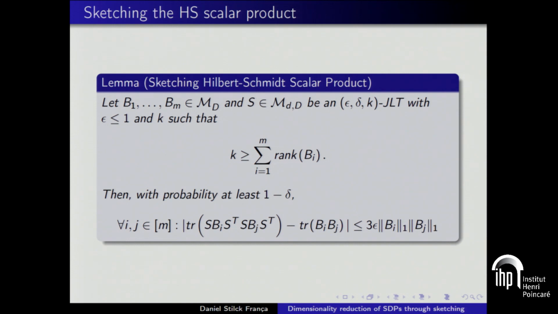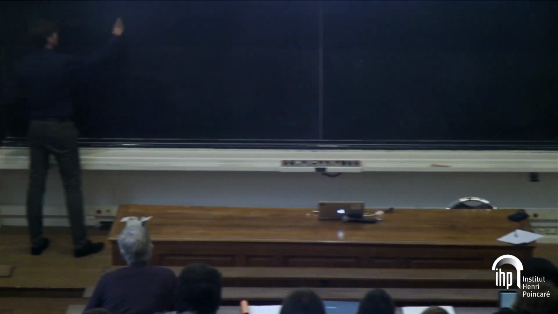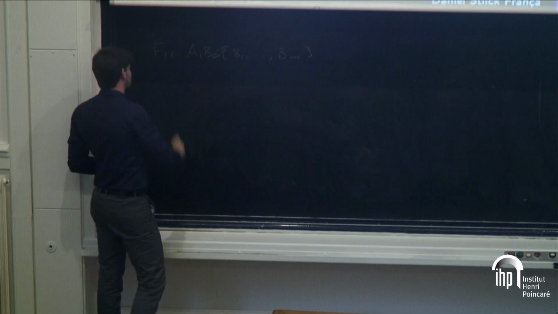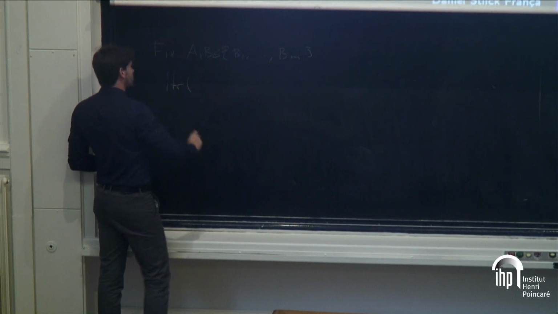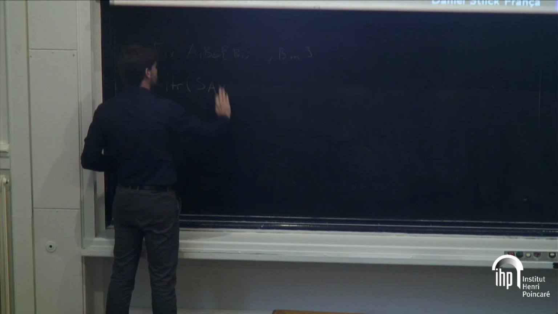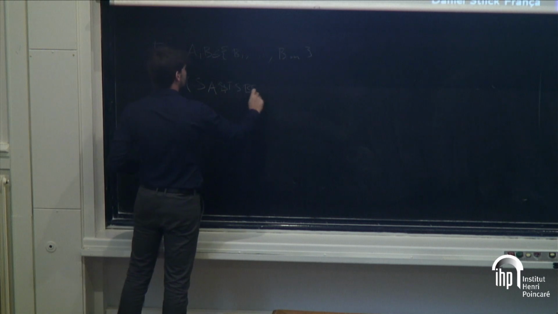So let's fix some A and B. Can you read if I write down here? Yeah, okay. So fix two elements of this set, then you can just look at what this thing is.